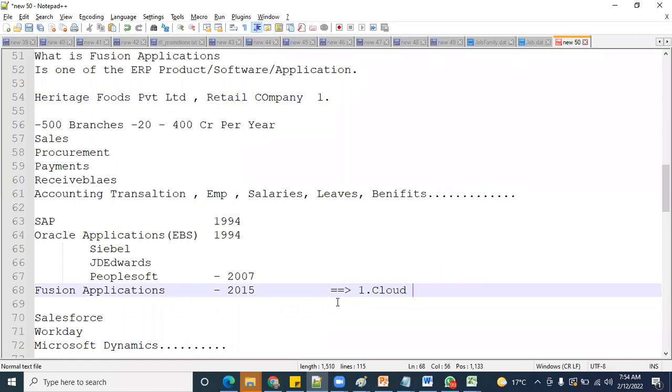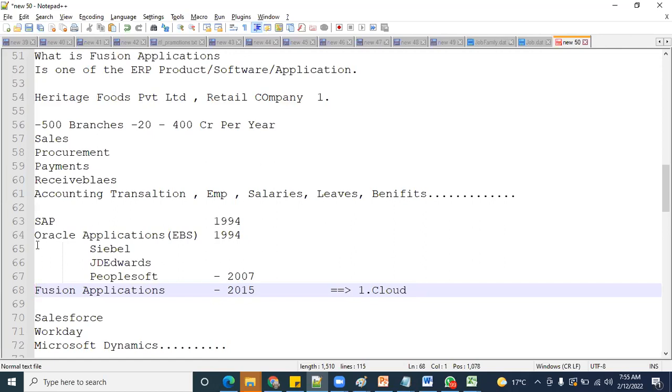The straight question is, does your ERP software support cloud? If it supports the cloud environment, do you have your own cloud, meaning your own data centers? If you have your own data centers, then it is fine.